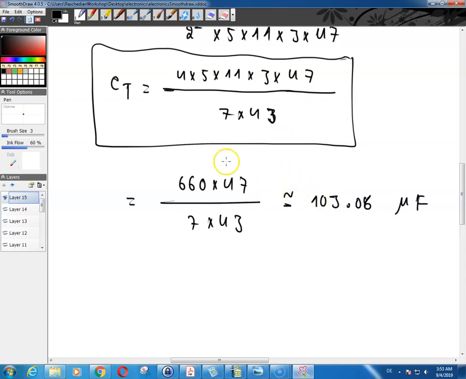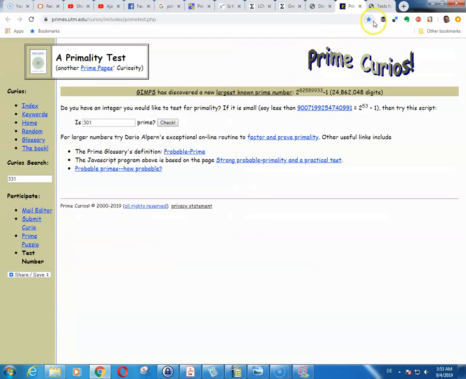Of course, when you're doing something in electronics, you cannot do this all the time by hand, or even by a calculator. It would take a long time. So what you do is use websites.